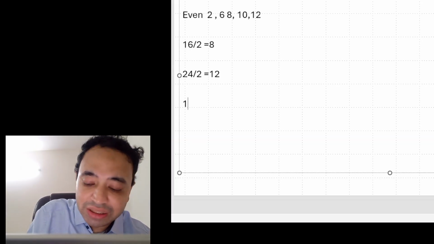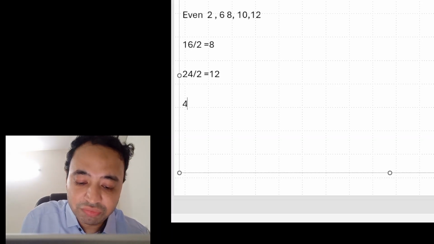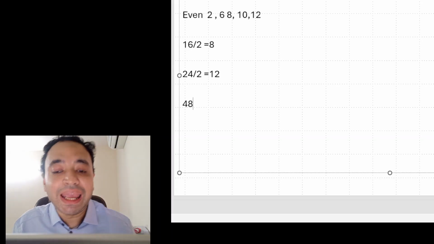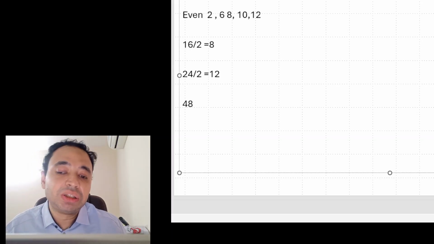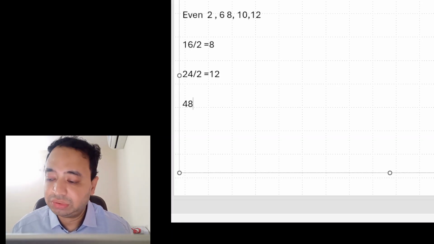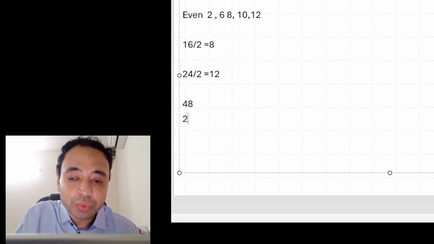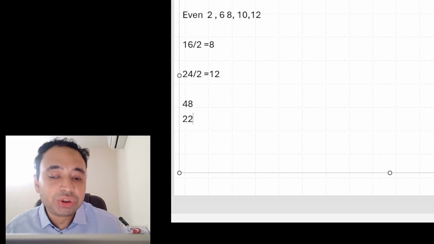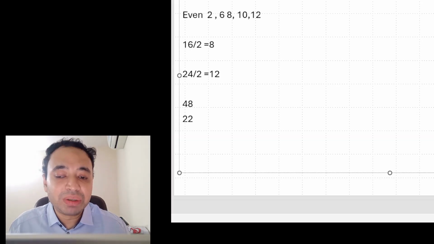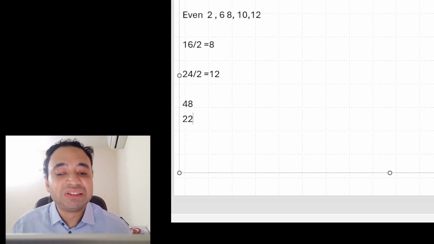For example, 48: as 8 is an even number, the total number itself is an even number. If I take the example of 22, as 2 is an even number, the total number is an even number.